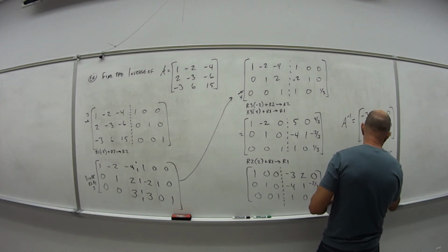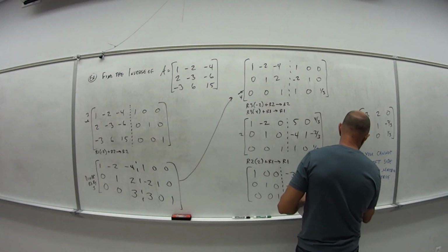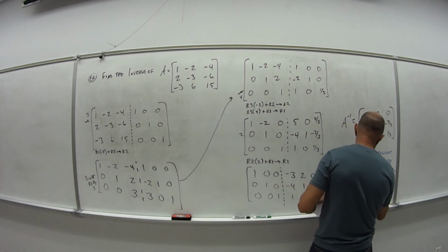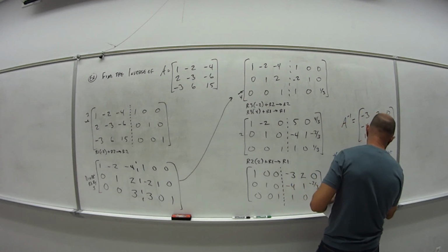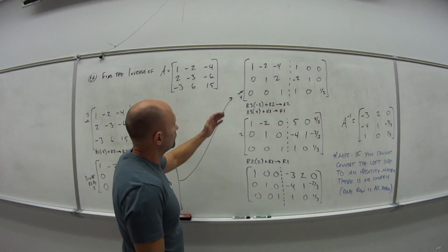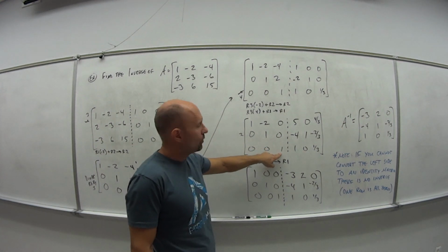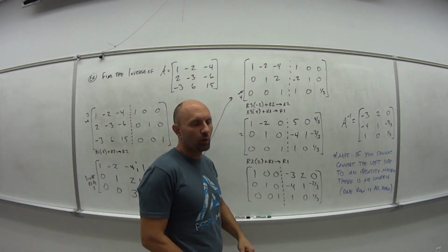So what this means really is that one row is all zeros. So if you're doing these operations and you get 0, 0, 0 in one of the rows, it means this thing has no inverse.